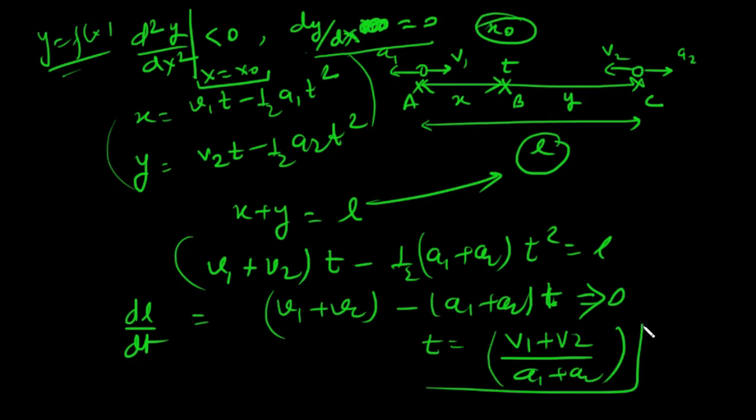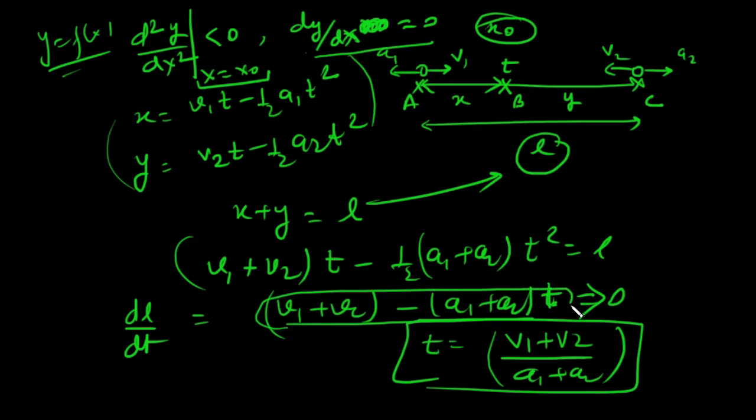Now we can put this value in the double differential and find out whether that expression is negative or not. This was single differential. Now we again differentiate this expression. v1 plus v2 is gone because it is a constant. Now t is gone, thus we are left with minus of (a1 plus a2). So we need not put the value of t as t is not here. So already this value is negative.